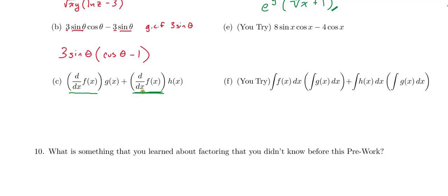What that actually represents is something you'll learn in other courses, but I still want you to identify that those are common factors. And so what can I do? Well, I can factor out that common factor, d dx of f of x, from both of those terms, and when I do so, what I'm left with is just g of x plus h of x. So I'd like you to confirm that if you were to distribute, whatever this thing is, back through, you get the line above it.